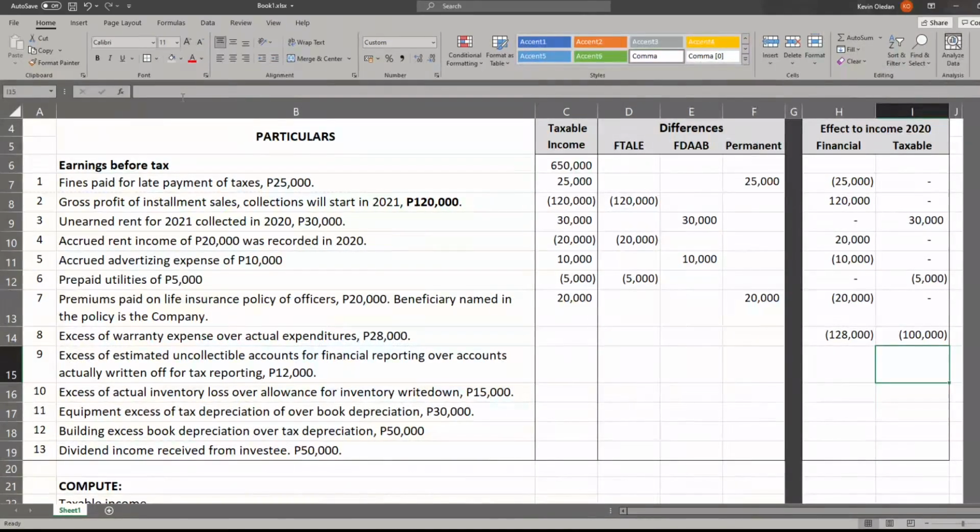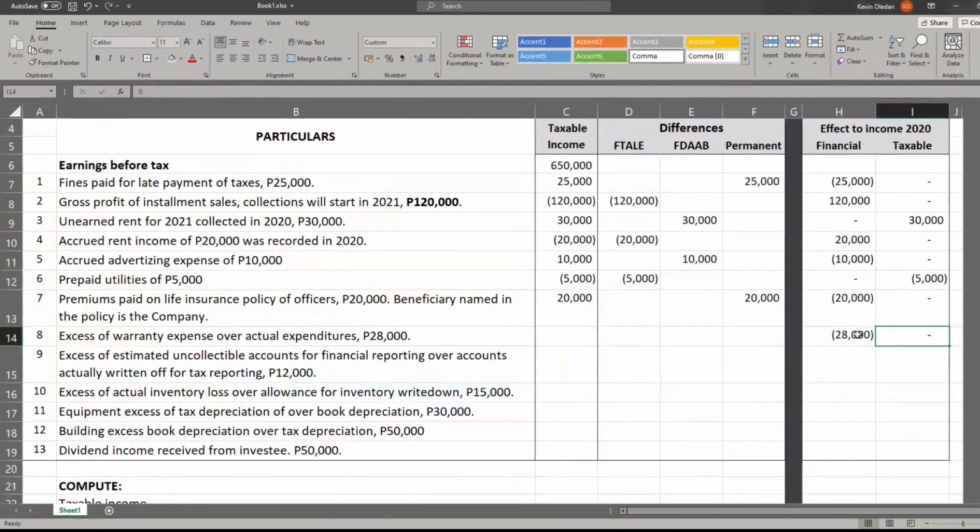As an example, that is excess warranty expense. Magkano ang sobra? 28,000. Pero again, this is just an assumption. Actually, what I can do here is just say 28,000 dito negative and then 0 na lang dito para wala na tayong assume. Kasi hindi naman kasi binigay yung warranty expense and actual expenditure.